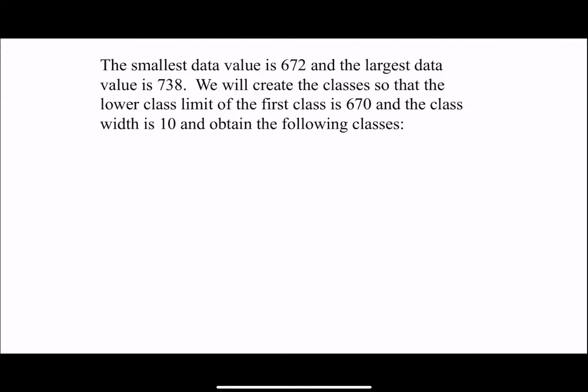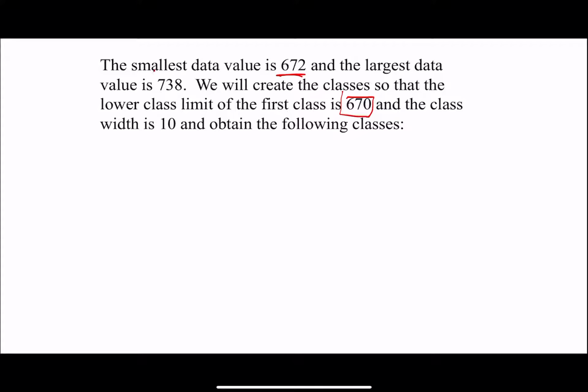If my smallest data number was 648, I might start with 645 as my smallest. So you just pick a nice pretty number that is below the smallest data value. My smallest data value is 672, so I chose 670 as the lower class limit of my first class.